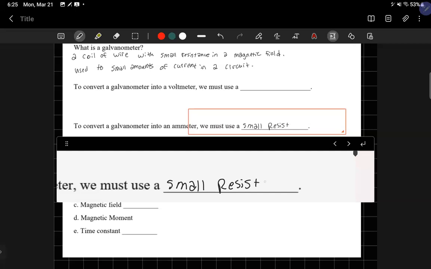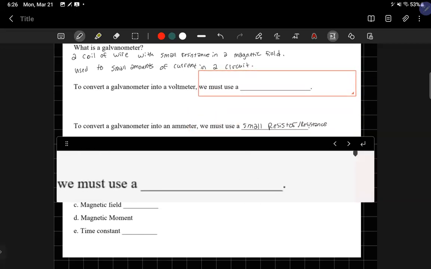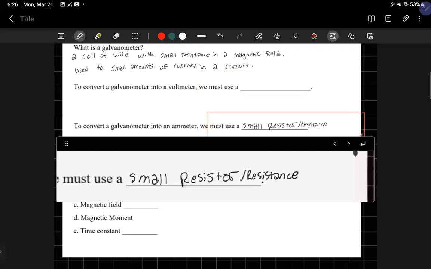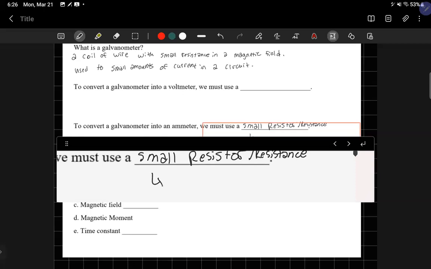I just keep a resistor. And then for a voltmeter, you use, I think, just a large resistance. What is it, in series? Placed parallel.